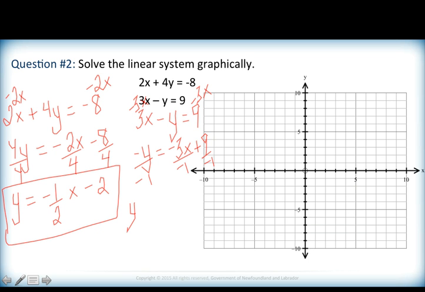Y equals 3x subtract 9. In this equation, we have an increasing line with a slope of 3 and a y-intercept of negative 9.